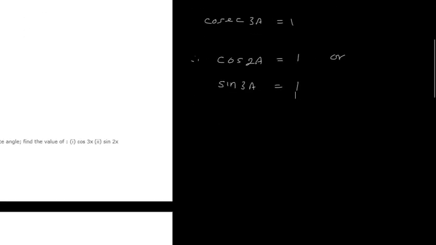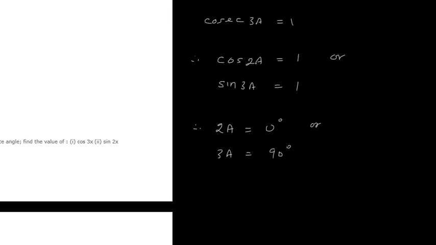So therefore cos 2a equal to 1 indicates that 2a is equal to 0 degree, because cos 0 is 1. Okay, so therefore 2a is 0 degree, or 3a is equal to 90 degree. Okay, because sin 90 is 1.